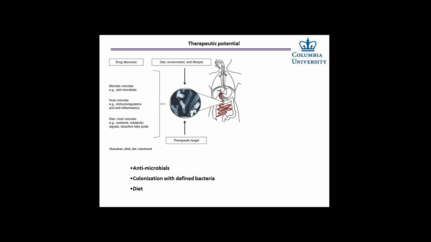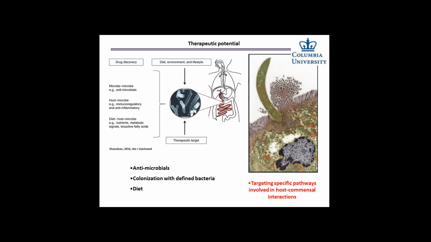We have certain antimicrobials. We can colonize people with defined bacteria or possibly with beneficial bacteria. And diet is a very important modulator of this community. However, all of these interventions are in many cases irreversible or difficult to control.